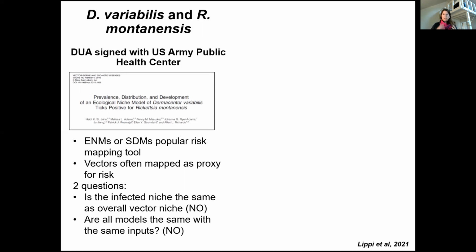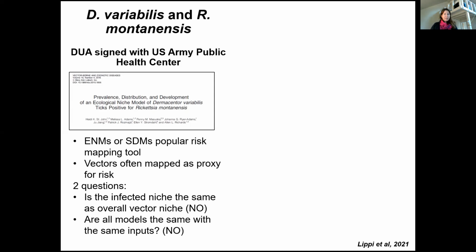Are those niches actually different? If we think about things like fitness consequences of being infected, or what kinds of hosts are the reservoir for the pathogen in the first place, where they might be on the landscape, maybe the infected vector's niche is not identical to the overall vector niche.